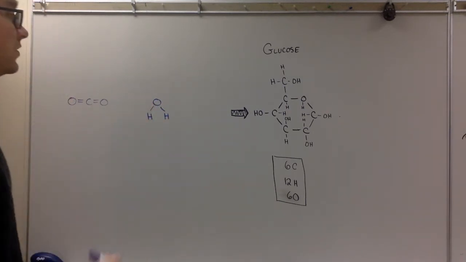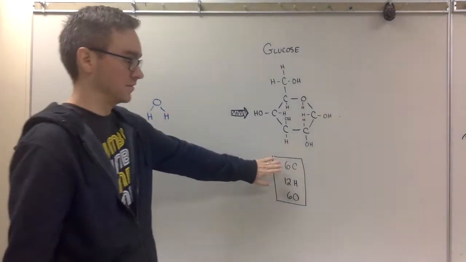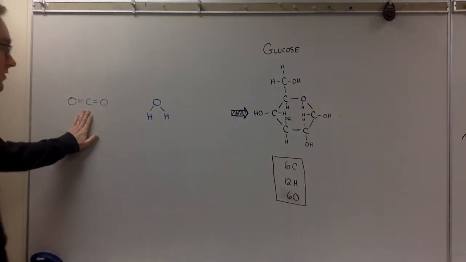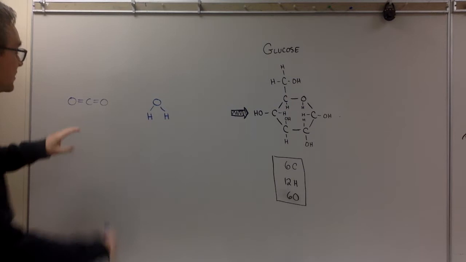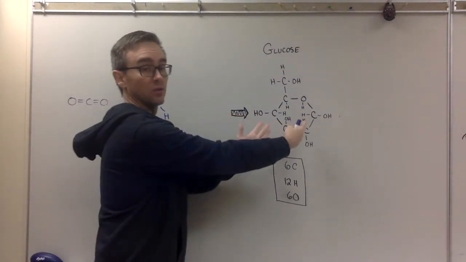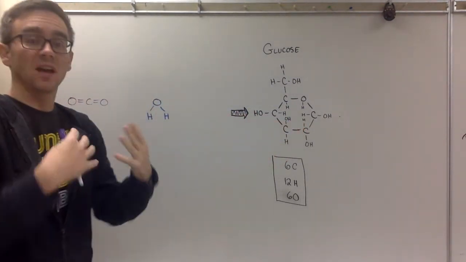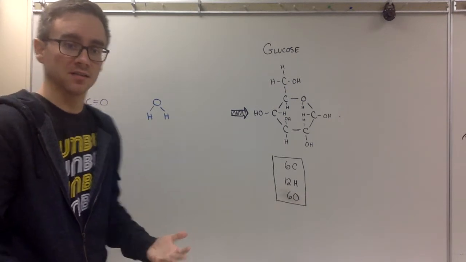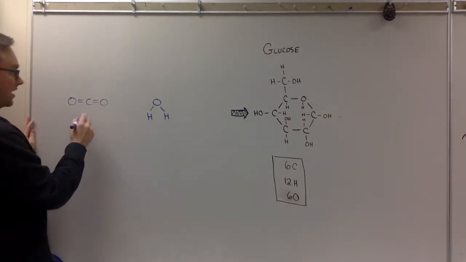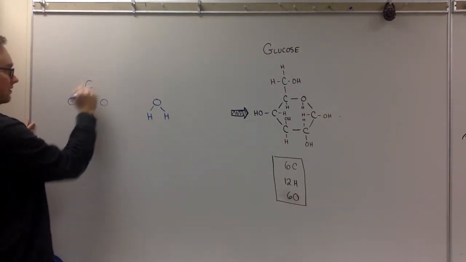These are the building blocks, but I need 6 carbons. Well, this was only 1 carbon here. I can't take this 1 carbon and make it into a glucose. So I'm going to need several different carbon dioxides to make this happen, not just 1 carbon dioxide.